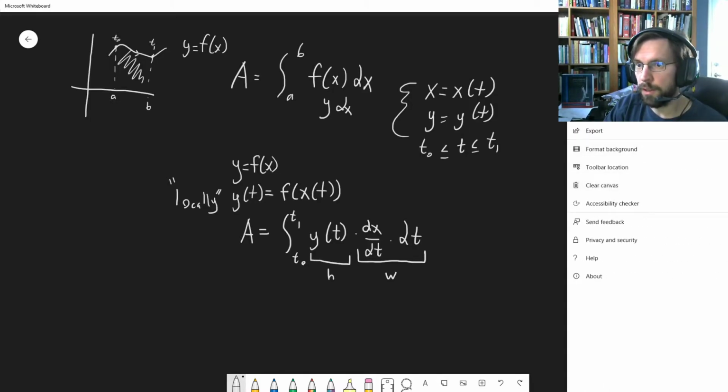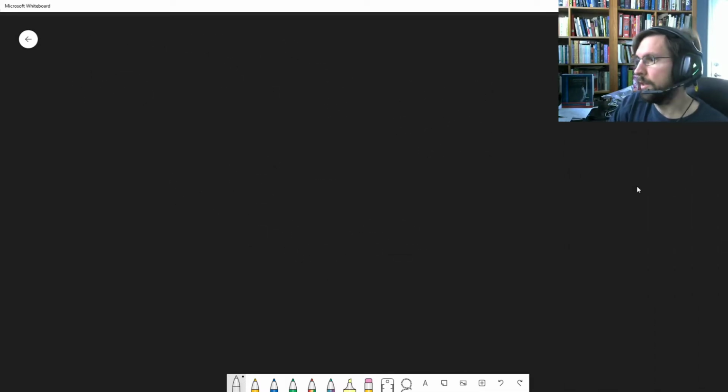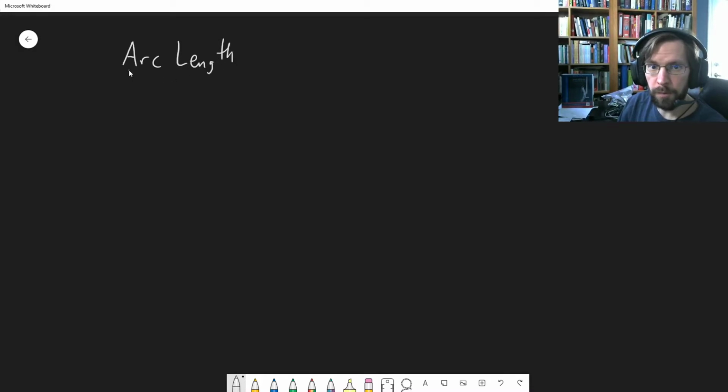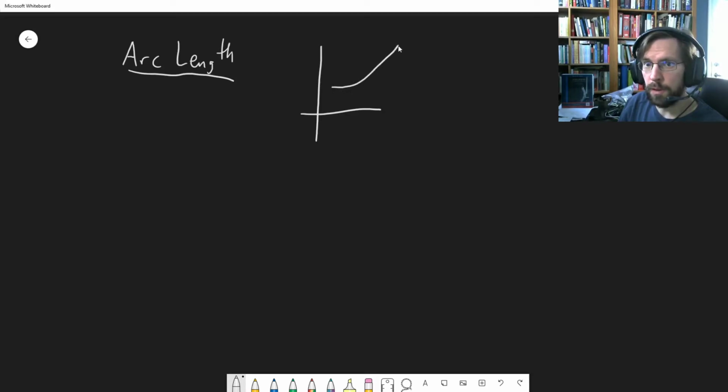Let's clear this and go on to something that we do actually use. This is extending our arc length formula to parametric form. We have a curve going from here to here. Before, when we thought about y equaling f of x, we could find the arc length.